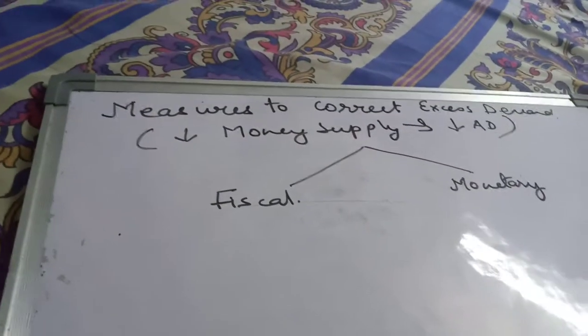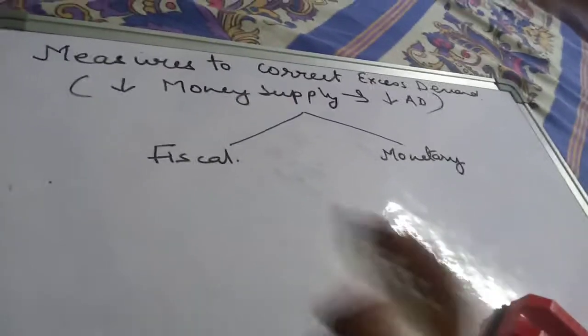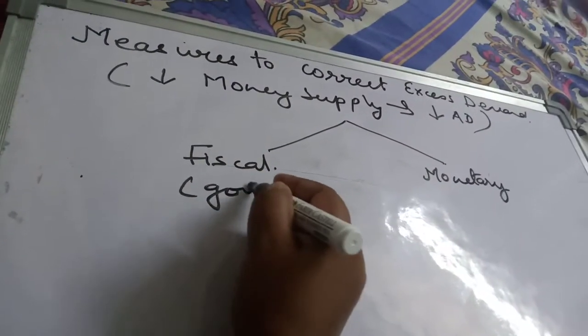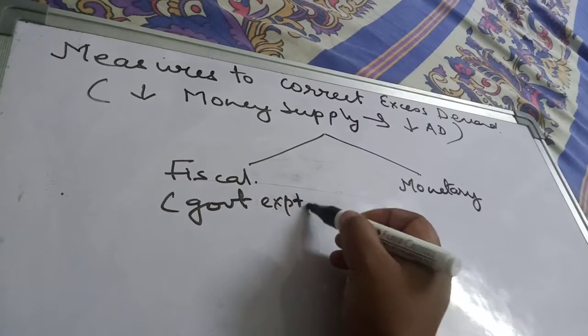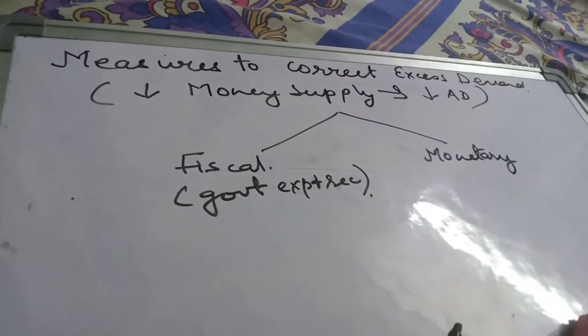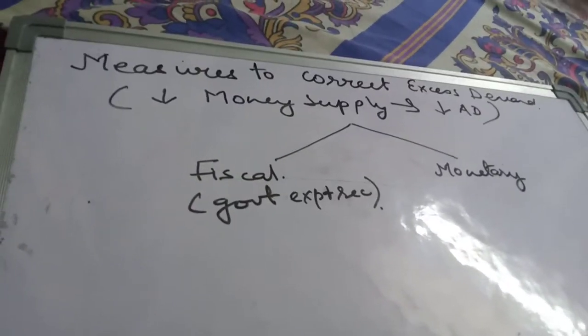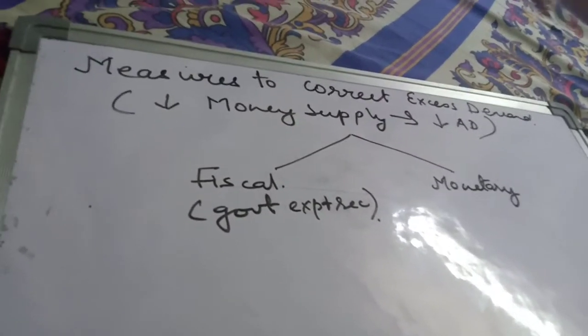Fiscal measure or fiscal policy is basically a policy relating to government expenditure and receipt, which means impacting the money in circulation and thereby the aggregate demand.